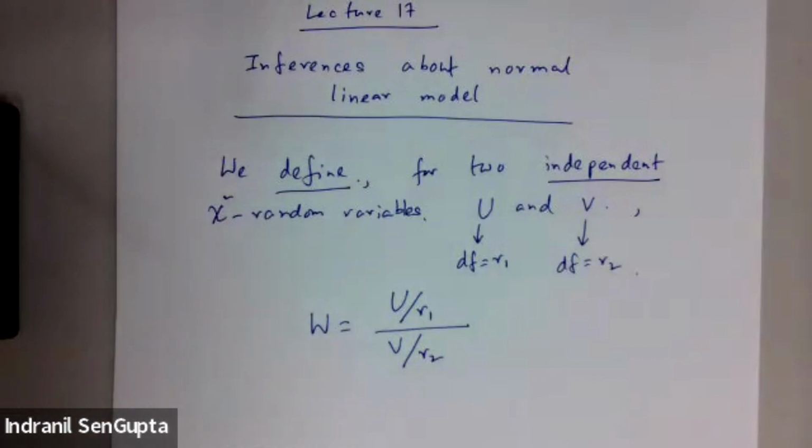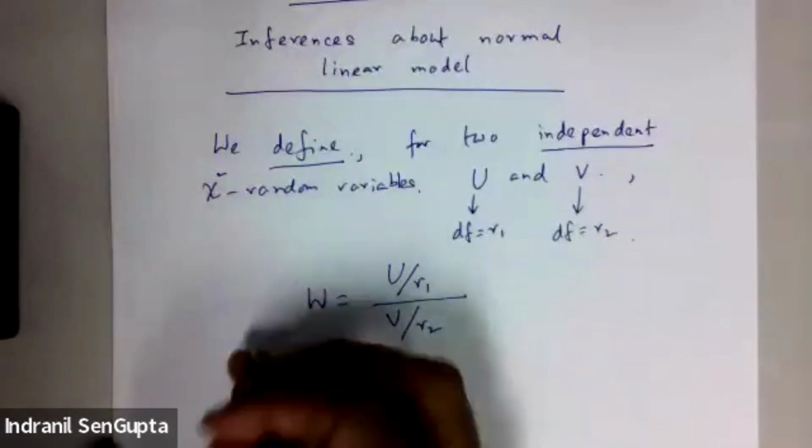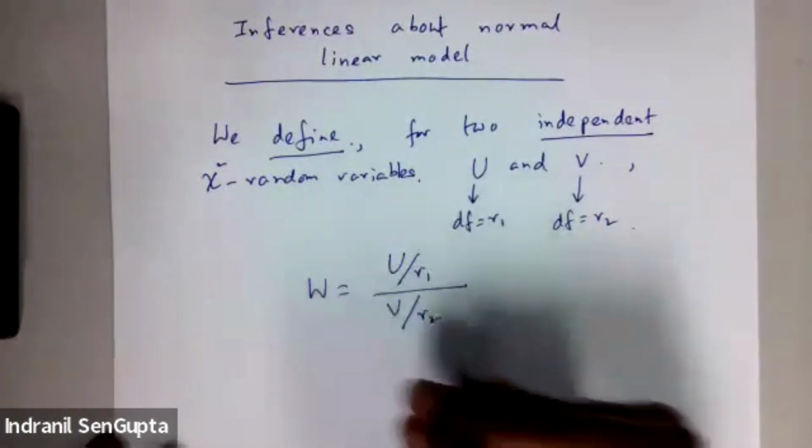Now, it's known that this distribution is called the F distribution. So let's write it down. It's a pretty messy expression, but let me just write it.